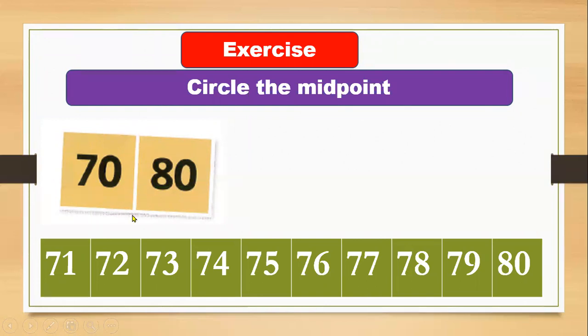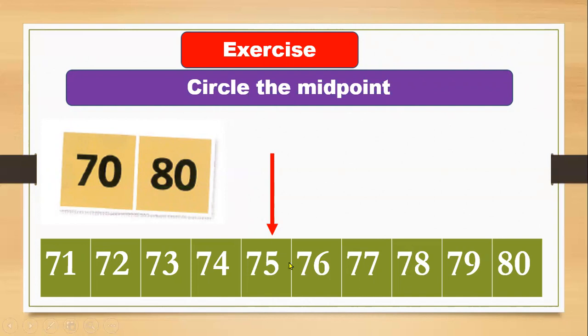I wrote the numbers after 70: 71, 72, 73, 74, 75, 76, 77, 78, 79, and 80. Now you have to find the middle number between 70 and 80. What is the middle number? Yes, 75 is the middle number between 70 and 80.